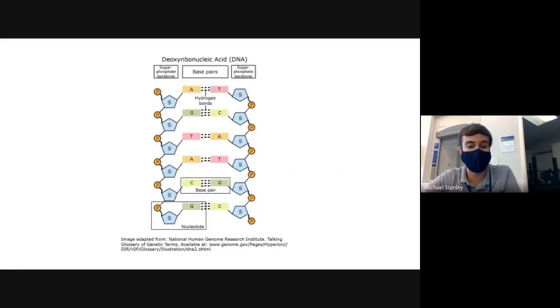Okay, so here's a picture that illustrates it a little bit better. So you can see we're connected through these little phosphates on either side, and those are connected to the sugar. So we got phosphate sugar, phosphate sugar, phosphate sugar running up and down the first side, and phosphate sugar, phosphate sugar, phosphate sugar running up and down the second side. And then across the middle are where our bases are.